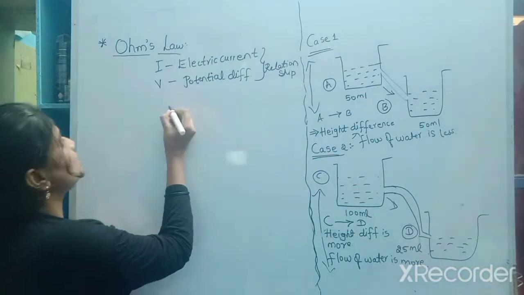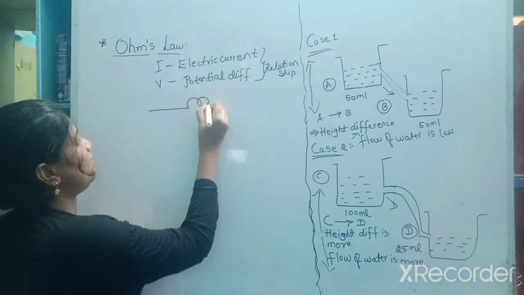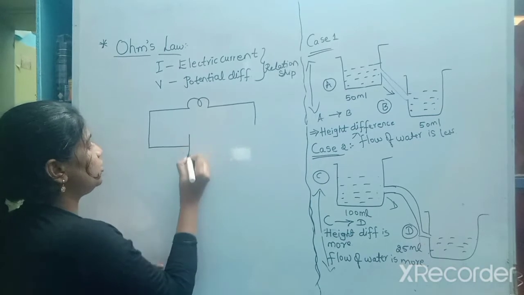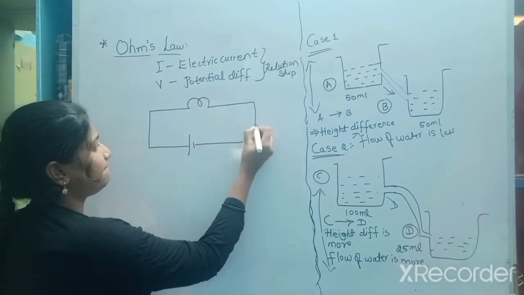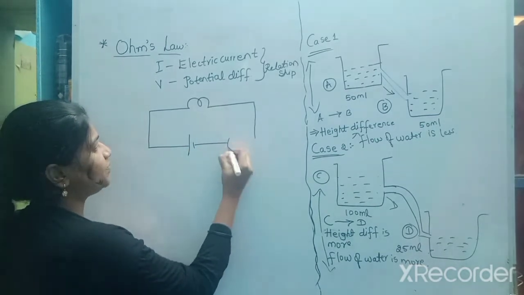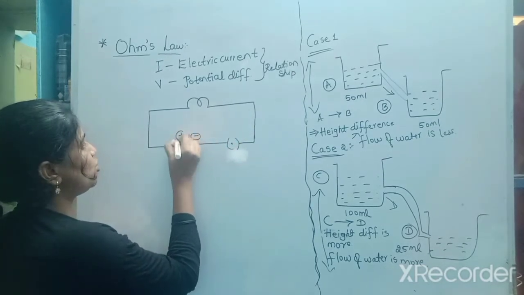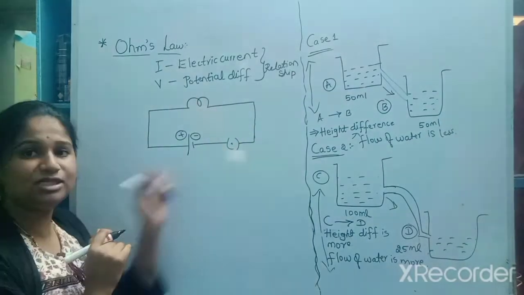Let us consider a simple circuit with a bulb which is connected to a cell. Here the switch is on, this is the negative terminal, this is the positive terminal, this is a bulb and this is a switch.